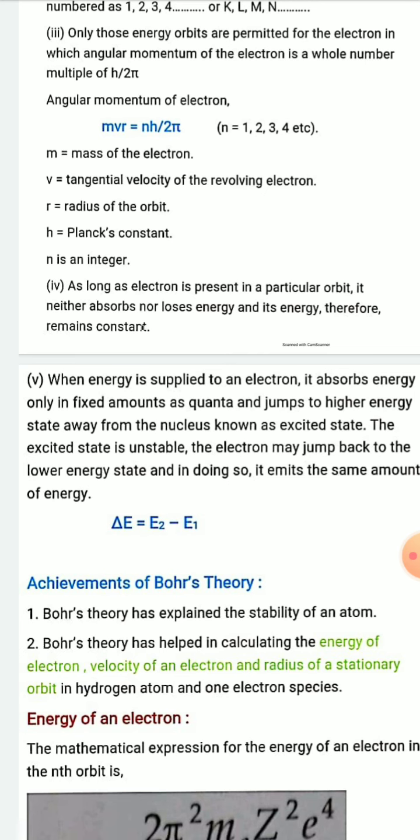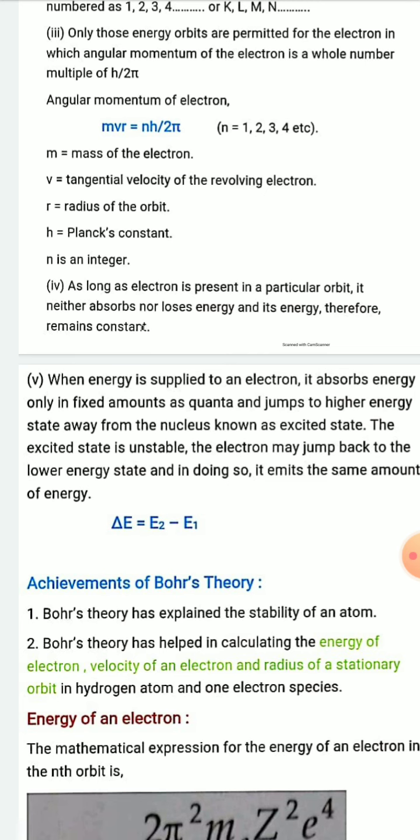That is, when an electron is revolving in a particular orbit, it neither absorbs nor loses energy, but when you supply energy to an electron, it absorbs energy only in a fixed amount and jumps to a higher energy state or higher energy level away from the nucleus, which is known as the excited state.